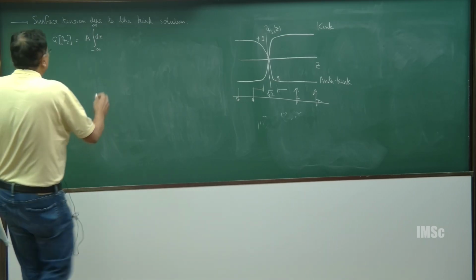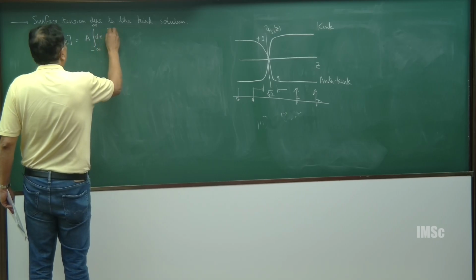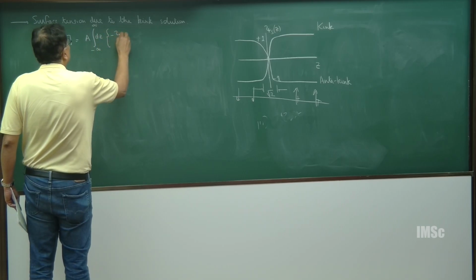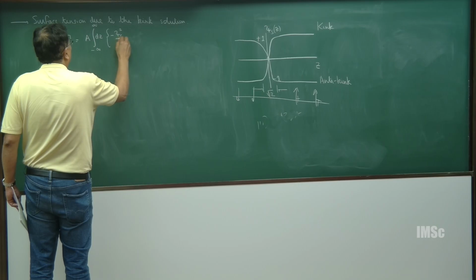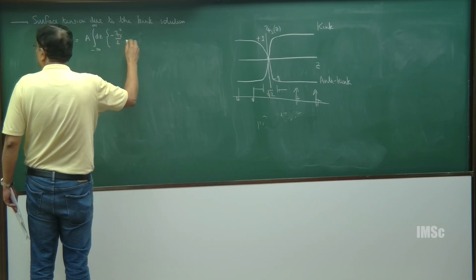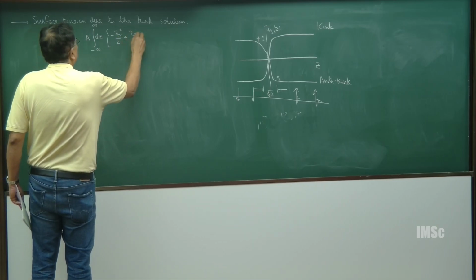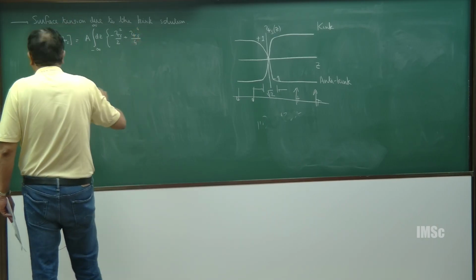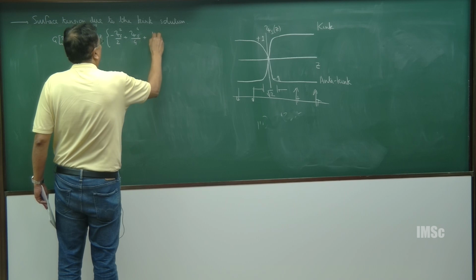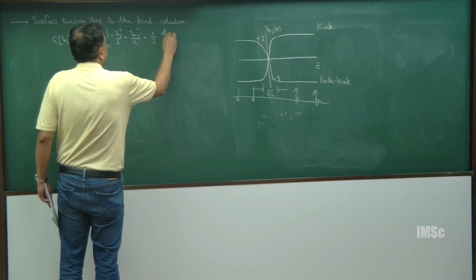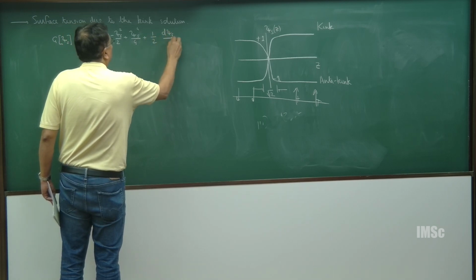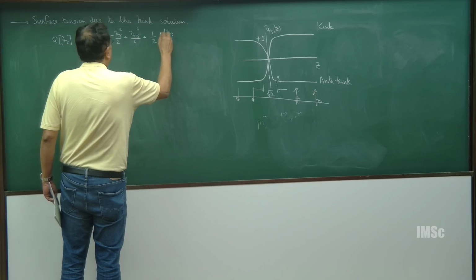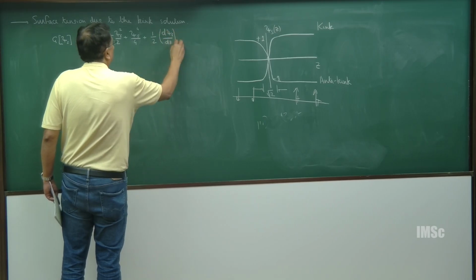And then in the curly brackets you have minus psi s squared by 2 plus psi s 4 by 4 plus half, now we just take the one dimensional derivative d psi s by dz the whole squared.